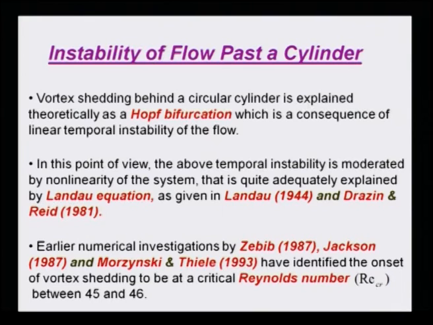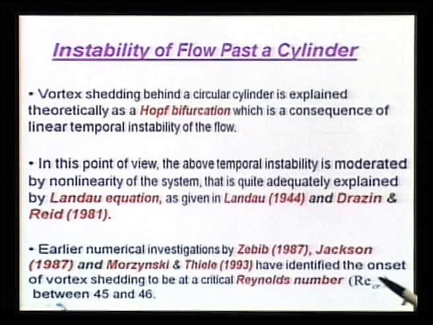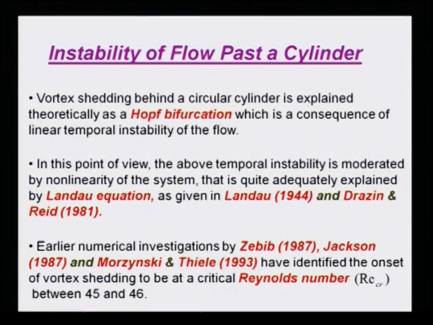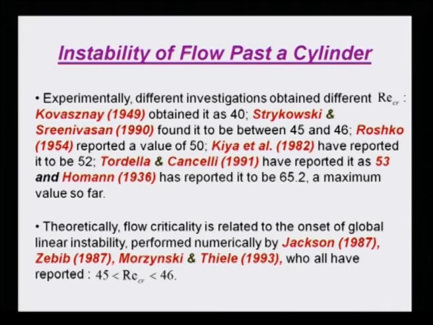Now, this is something that we need to really talk about, that earlier numerical investigations by various groups identified the vortex shedding at a critical Reynolds number of 45 and 46, but this was indeed not the case that we reported with respect to Mohmann's experiment. And we did talk about all of this, the whole range of values experimentally produced.